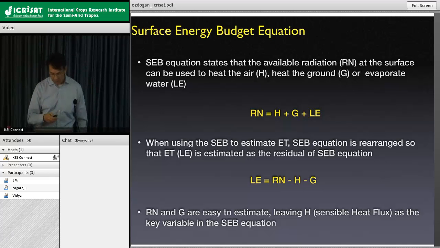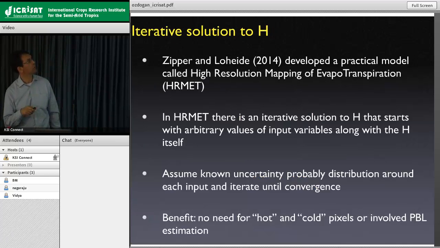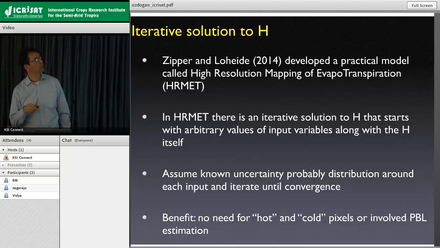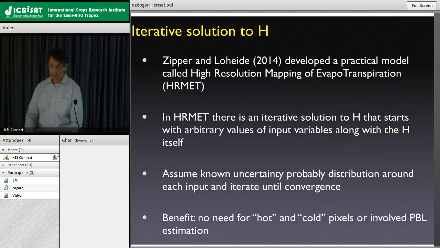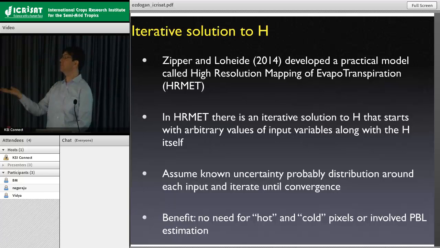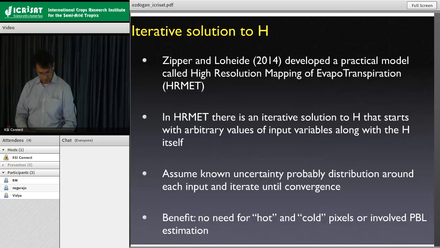It's called the HR-MET approach, so high resolution mapping of evapotranspiration, and it's an iterative solution to the H that starts with arbitrary values of inputs and assumes a known uncertainty probability distribution. The nice thing is that instead of making one ET map, you make thousands of ET maps, one for every iteration, and then you simply report the means and standard deviations from that.